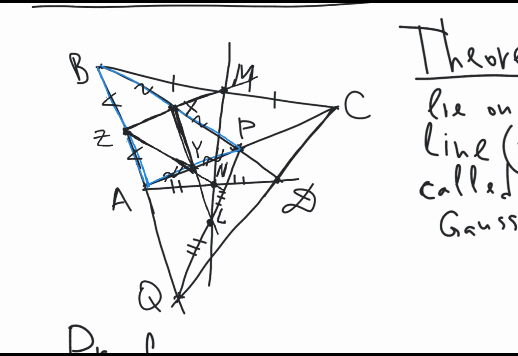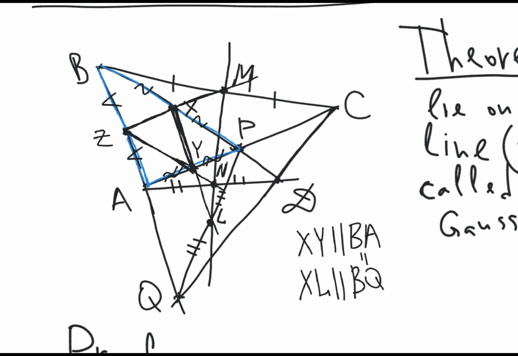So XY is connecting the midpoints in this blue triangle, so it is parallel to BA. And so XY is parallel to BA, but in the large triangle, in the triangle BPQ, we also have the midpoints X and L. So XL is also parallel to BQ.